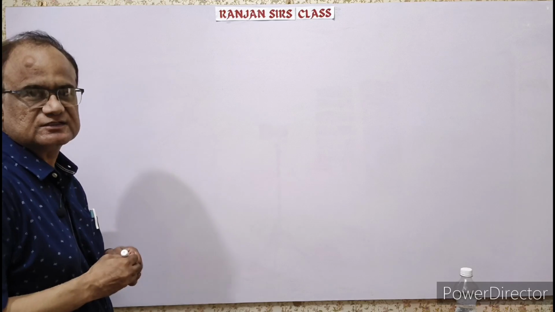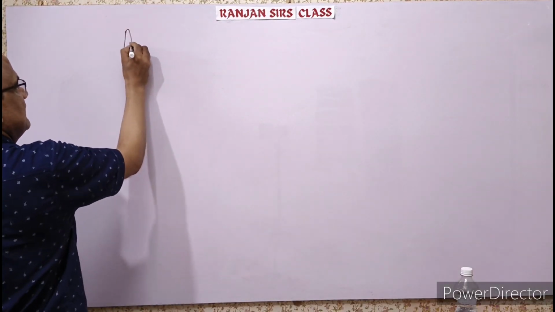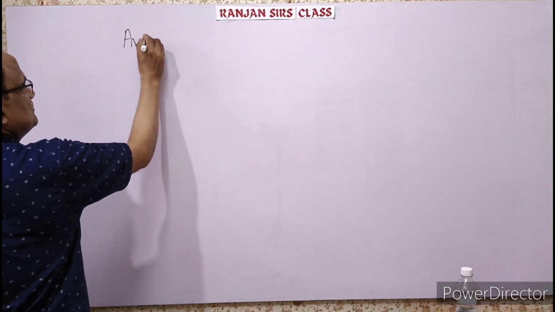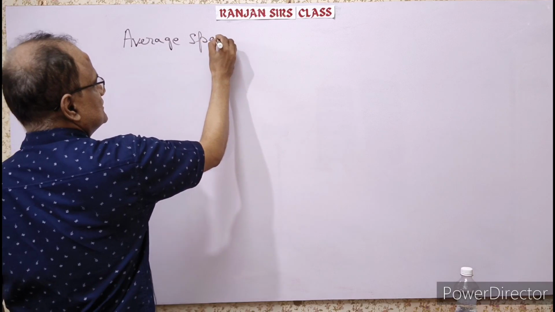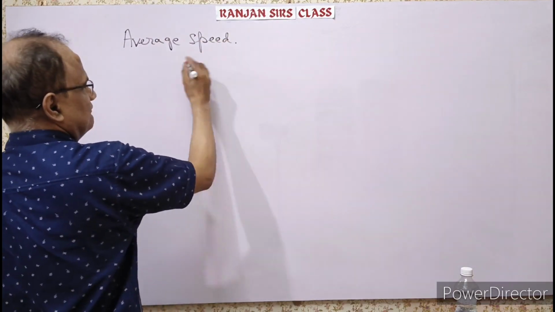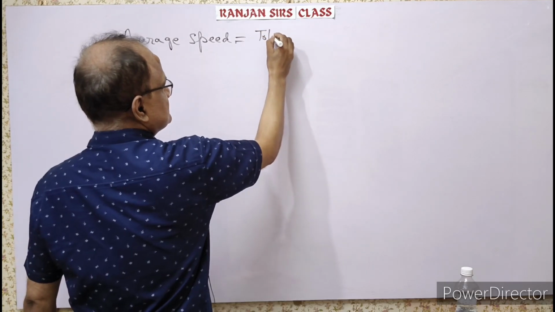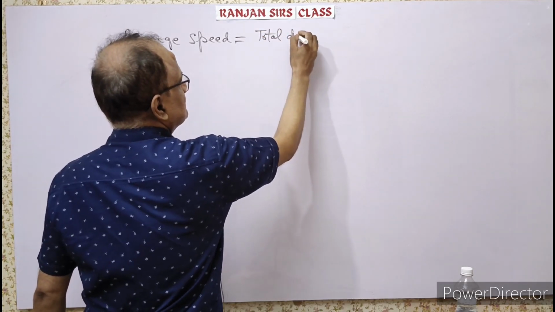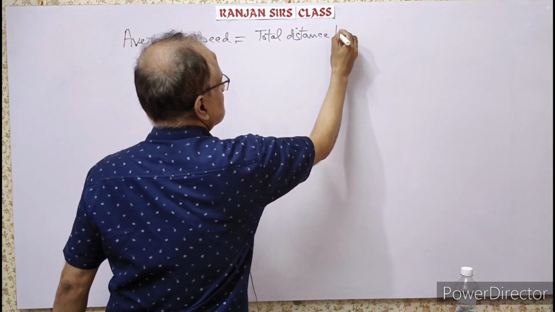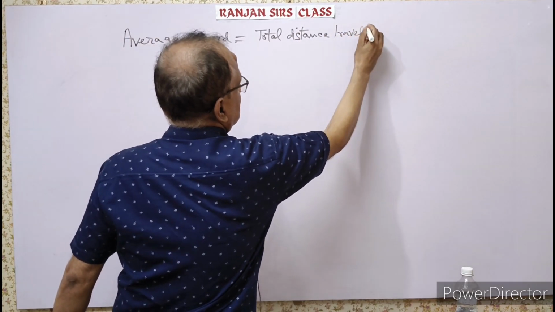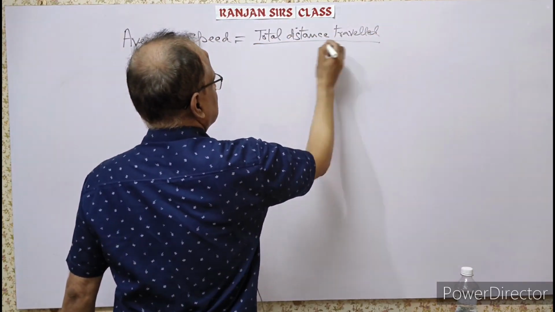Next, let us discuss some terms. First of all, we will discuss what is average velocity, average speed. Write down average speed. What is average speed? Average speed is the total distance traveled divided by total time taken.